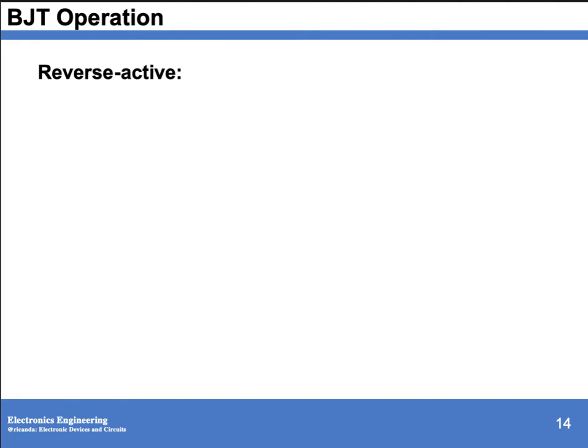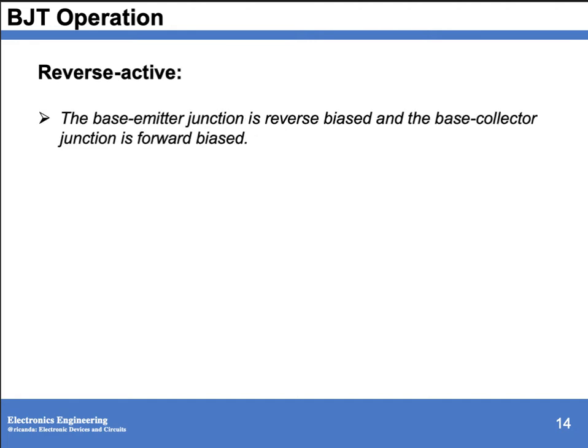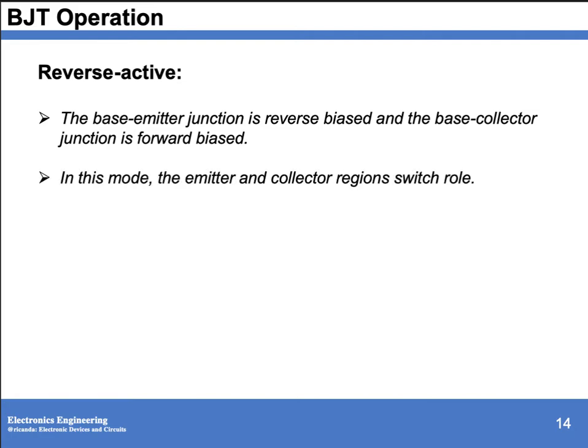For the reverse active, the base-emitter junction is reverse biased and the base-collector junction is forward biased. So in this mode, the emitter and collector regions switch roles.